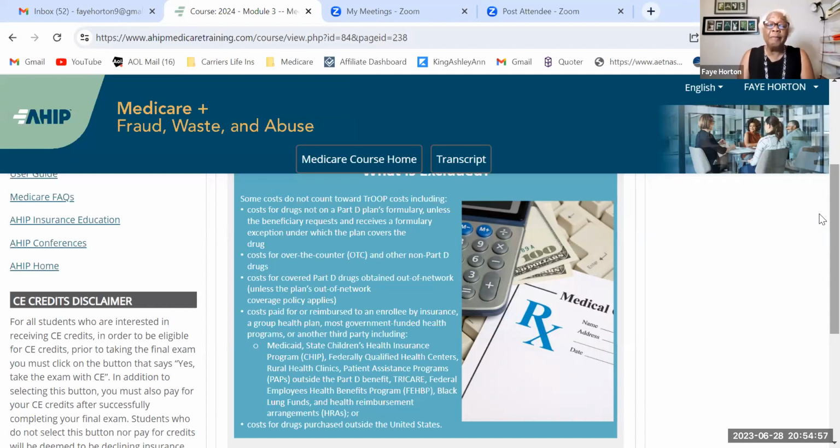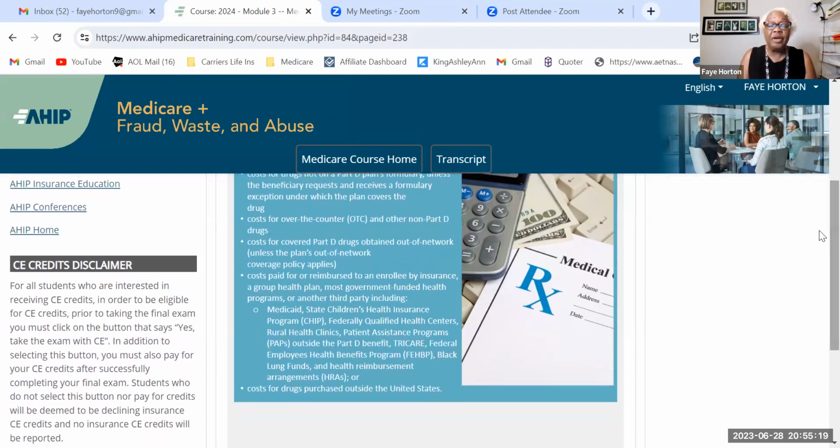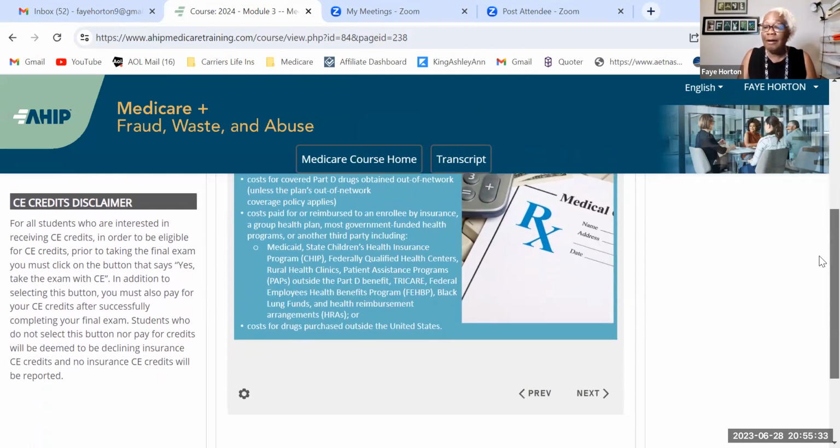Costs paid for or reimbursed to an enrollee by an insurance or group health plan, most government-funded health programs, or another third party, including Medicaid, state children's health insurance, federally qualified health centers, rural health clinics, patient assistance programs outside the Part D benefit, TRICARE, Federal Employees Health Benefits Program, Black Lung funds, and health reimbursement arrangements, or costs for drugs purchased outside the United States. So getting their drugs from Canada doesn't count towards TrOOP.